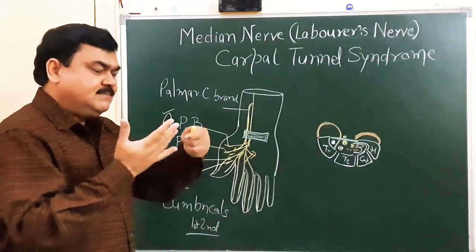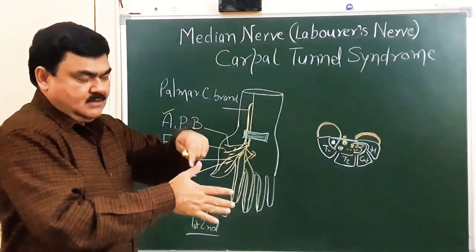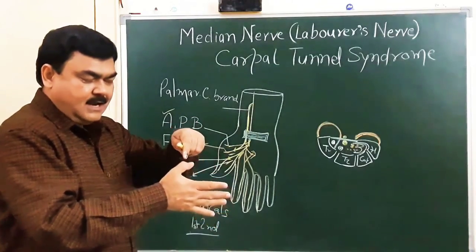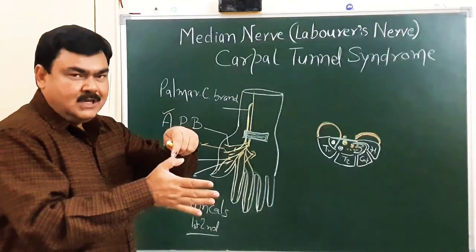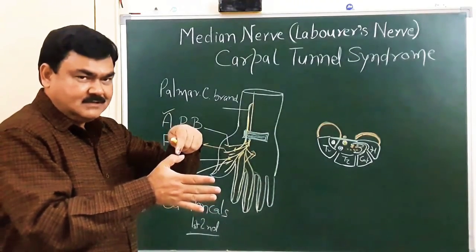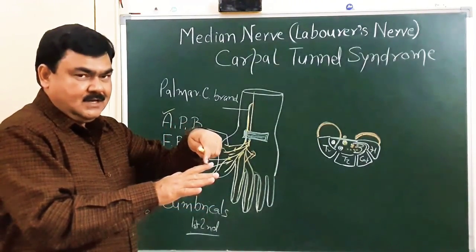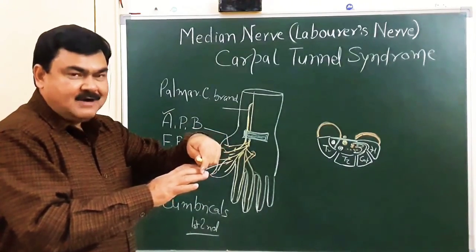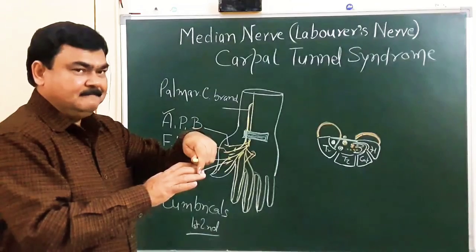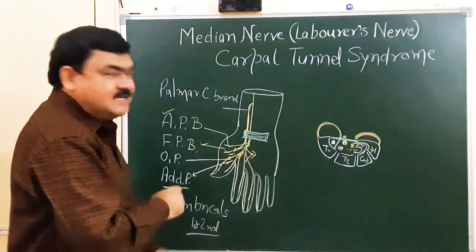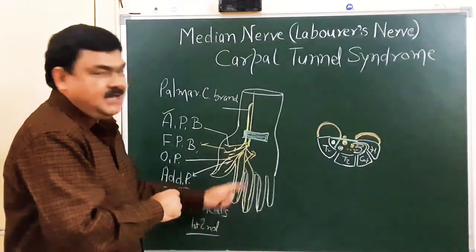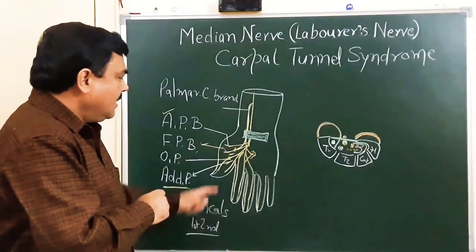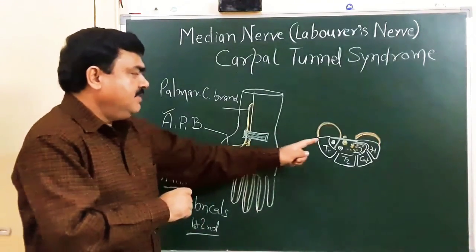They also supply the nail bed and dorsal skin over the distal phalanx of the thumb, index finger, middle finger, and lateral half of the ring finger. So there is sensory loss over these areas in compression of the median nerve.